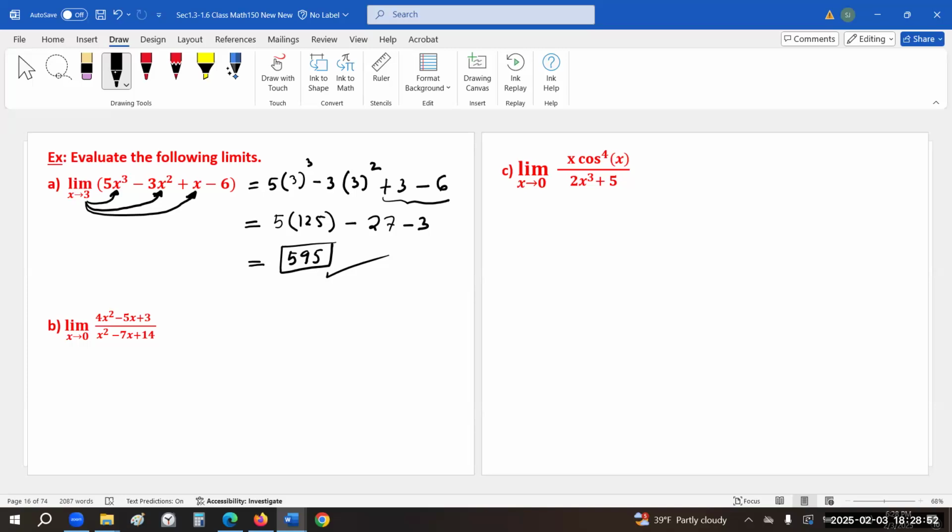Wonderful. Okay, so what do you have for B? 3/14? Okay. And for C, we have two choices, either 0 or undefined.